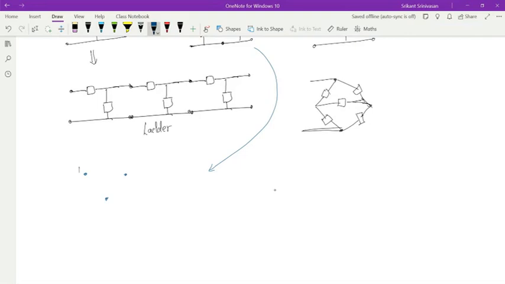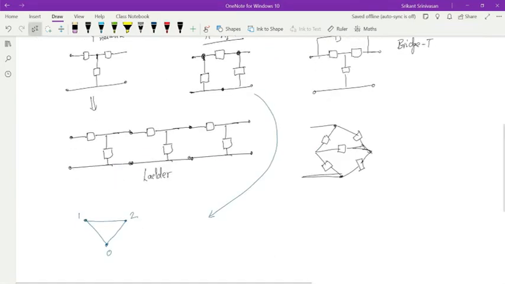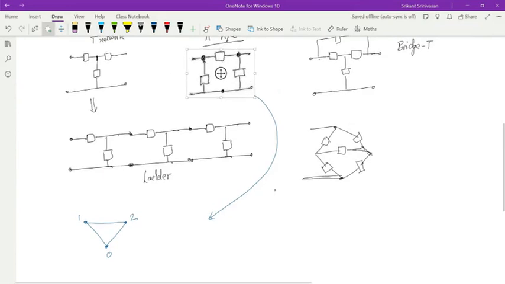So this is 1, 2, and let's call this 0 because it's the ground node, some reference node. Then there is a connection between 0 and 1, 1 and 2, 0 and 2. So you can see how the topology has given you a different view of it. You saw this as a pi network, but what you observed is basically nothing but a triangular topology.